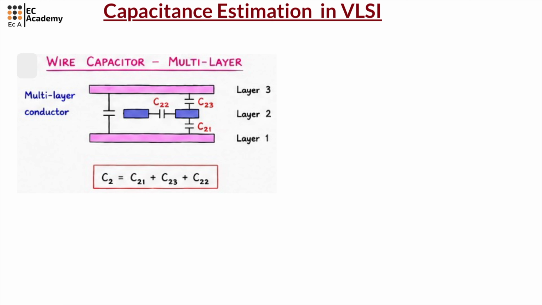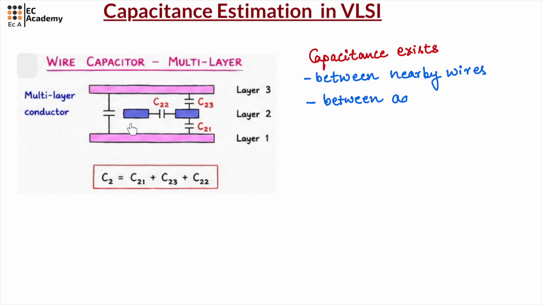The diagram shows C21, C23 and C22. Hence, the total capacitance is represented as C2 equal to C21 plus C23 plus C22. Here you need to remember, a wire can have capacitance with nearby wires.